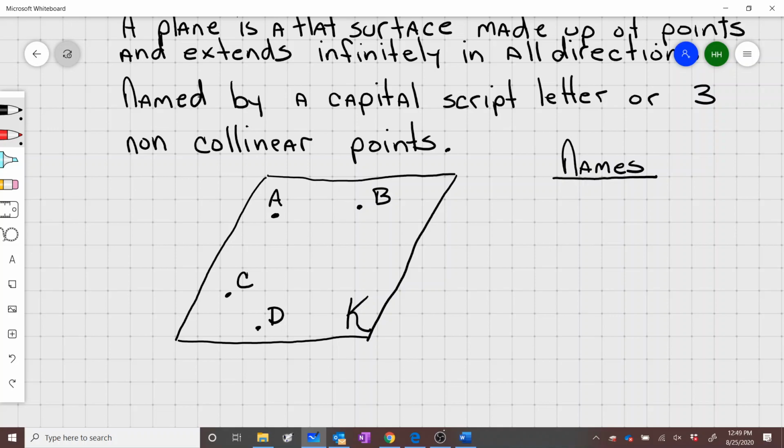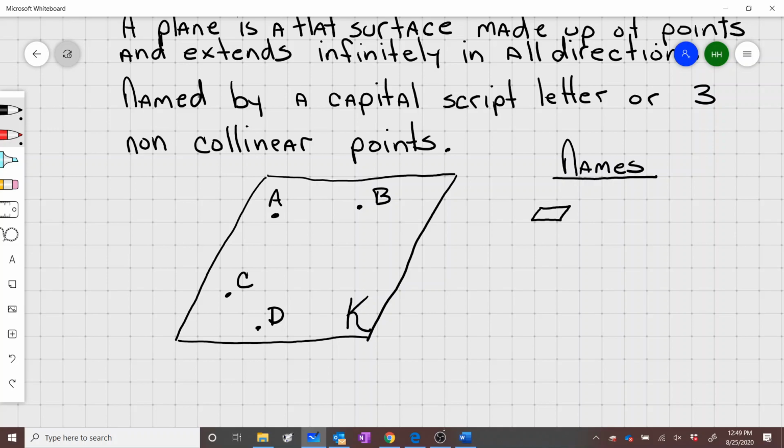Non-collinear means, we're going to go over this again in a second, but it means not on the same line. 3 points that are not on the same line. So here's the symbol for plane. It's just a shrunk down version of what a diagram of a plane looks like.